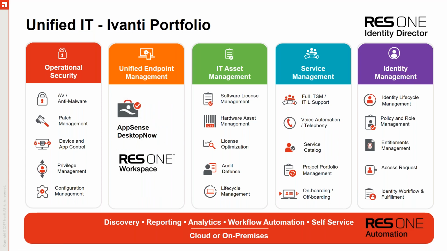If you look at where AppSense and RES technologies really start to have an impact on the overall Ivanti portfolio, on this screen you can see that we carry forward the RES identity product. That becomes a separate entity within our portfolio, helping organizations take a user's identity and help with, for instance, the onboarding and offboarding process, and also in the automation space, helping organizations automate a lot of these common tasks, and for us, start to integrate a lot of these areas as well.